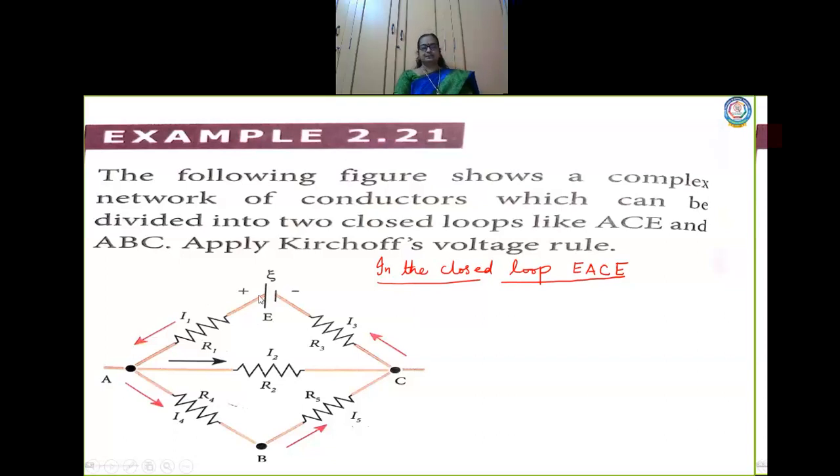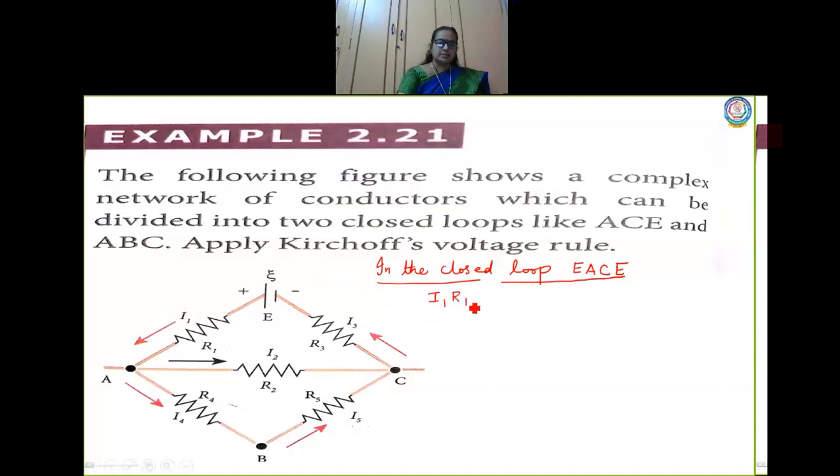I start with E. What is the resistor here? The resistance is R1, with current I1. The current direction is along this side, and my direction is along the same side. So when I write the product of current and resistance, the current along this lead, that is EA, is I1 R1, with a plus value.